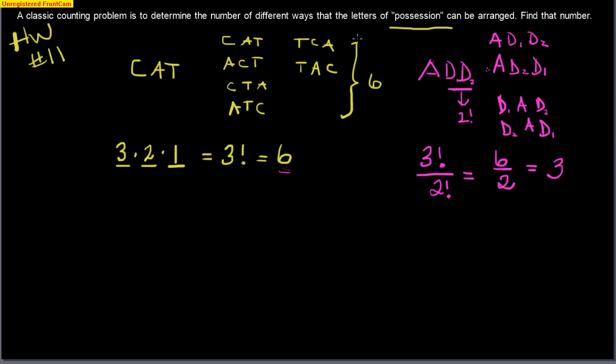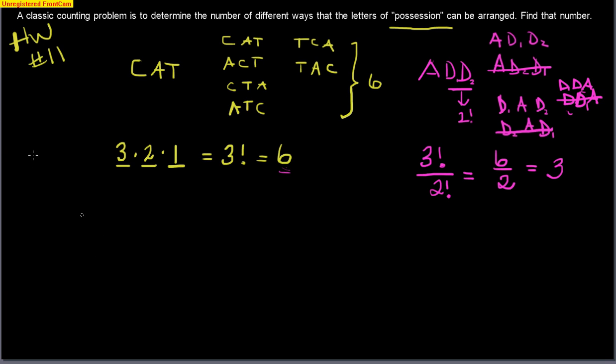You would have the DDA, but it would also happen twice, one with the 1, 2, and one with the 2, 1, and by dividing through by 2, you're canceling one of them out, and you're left with 3. So that's where it's really coming from. But the actual math involved is not terribly difficult.